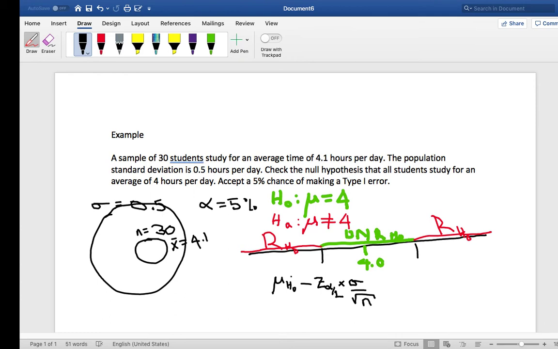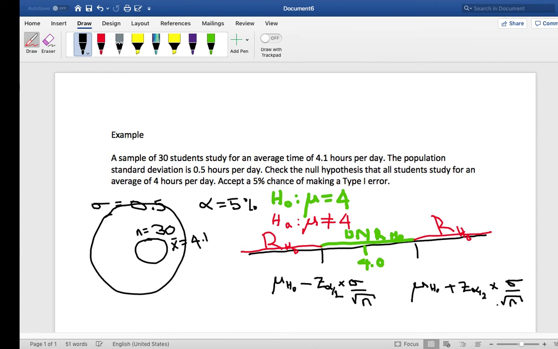The upper critical value is going to be the same as this, with the exception that it's going to be a plus in here. So it's going to be mu of H0 plus Z of alpha over 2 times sigma divided by the square root of n.